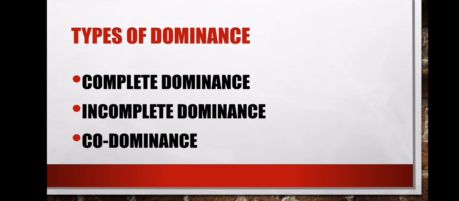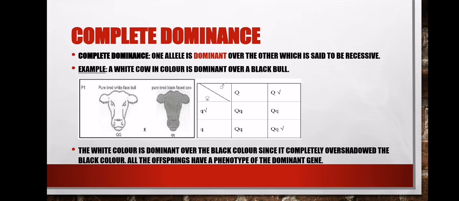Let's start with the first one, complete dominance. When we look at complete dominance, people, we say during this type of dominance, one allele is dominant over the other allele, which is recessive. So what is happening here is that when you cross two parents, there is one gene that will be dominant over the other gene.